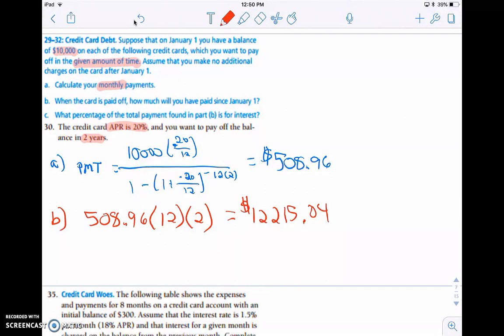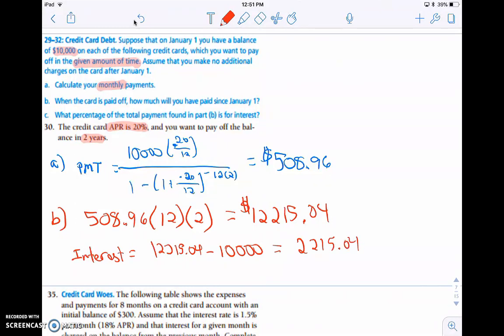We want to find out what percentage was in interest. To find out how much we paid in interest, we take the total amount that we paid and subtract from that the original principal balance of $10,000, which shows that we paid $2,215.04 in interest.